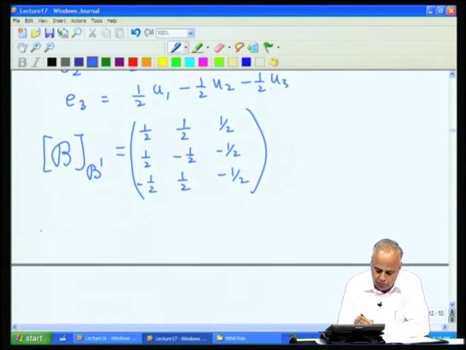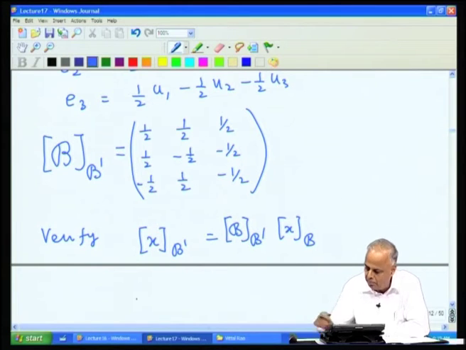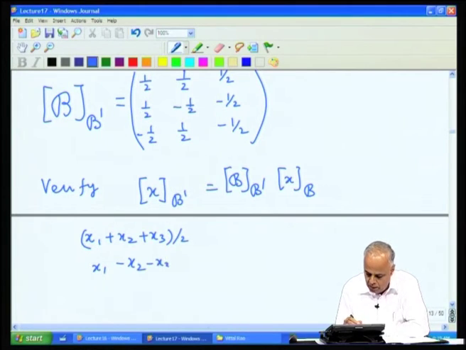Now, let us verify. If we want to construct x B prime from the known information of x B, we must have B B prime. What does that mean in this case? Remember, this was (x1 + x2 + x3)/2, (x1 - x2 - x3)/2, (-x1 + x2 - x3)/2.